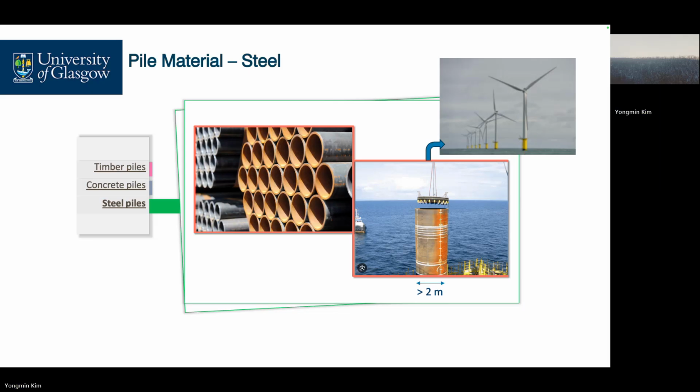When you bend, this side is compression, this side is tension. In an earthquake, steel is very strong, so it is the go-to material for high expected loading conditions.